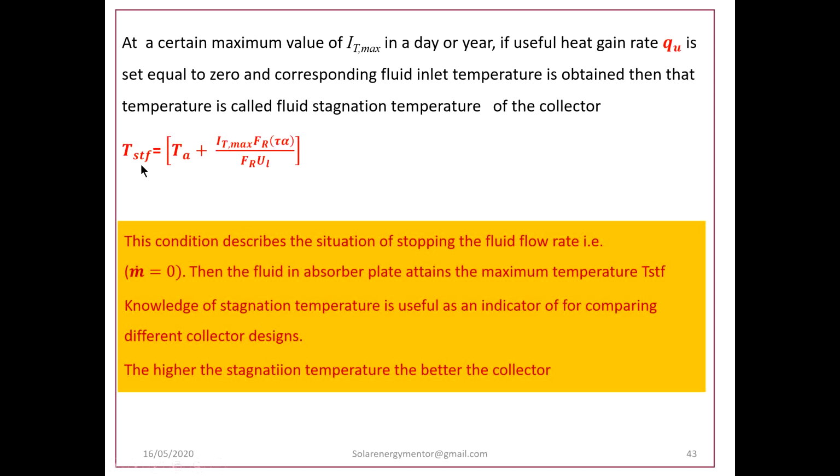The stagnation fluid temperature is TA plus IT max FR tau alpha divided by FRUL. Generally this practice is followed when solar radiation is maximum, because we are interested in knowing the maximum temperature of the fluid which the collector will produce in stagnation condition.